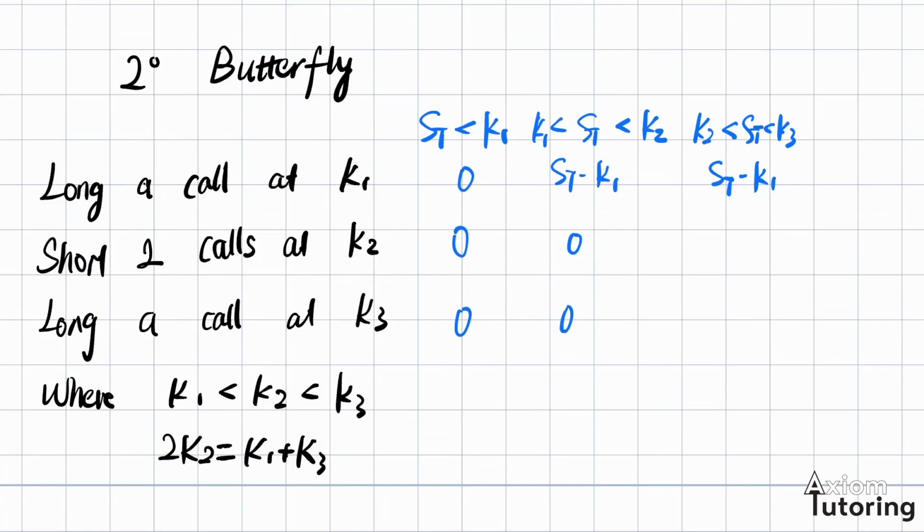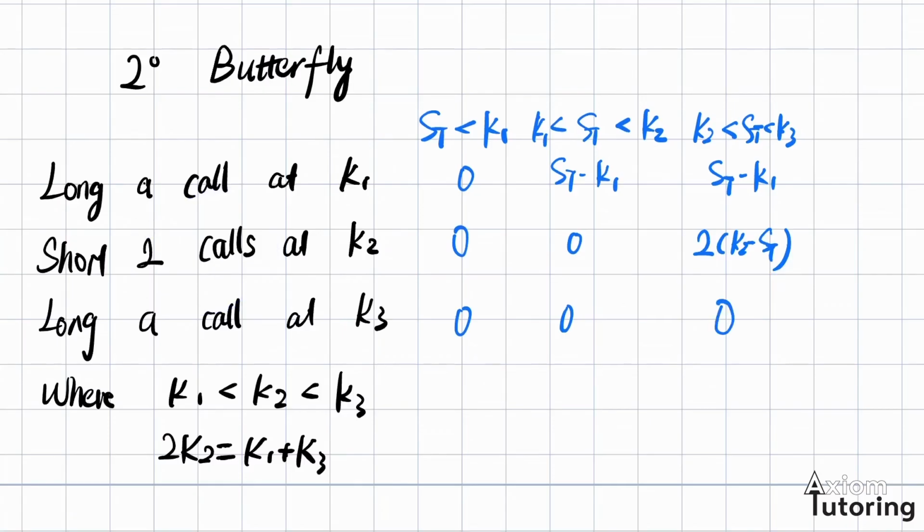And here you would have a payoff of 2 times K2 minus ST, because now the buyers of these two calls will actually exercise it. So we'll be getting the opposite of the payoff. So it's not ST minus K2, but K2 minus ST here. And since we're selling 2 calls, it will be doubled here. So 2 times K2 minus ST. But for the third one, we're still not going to exercise it.